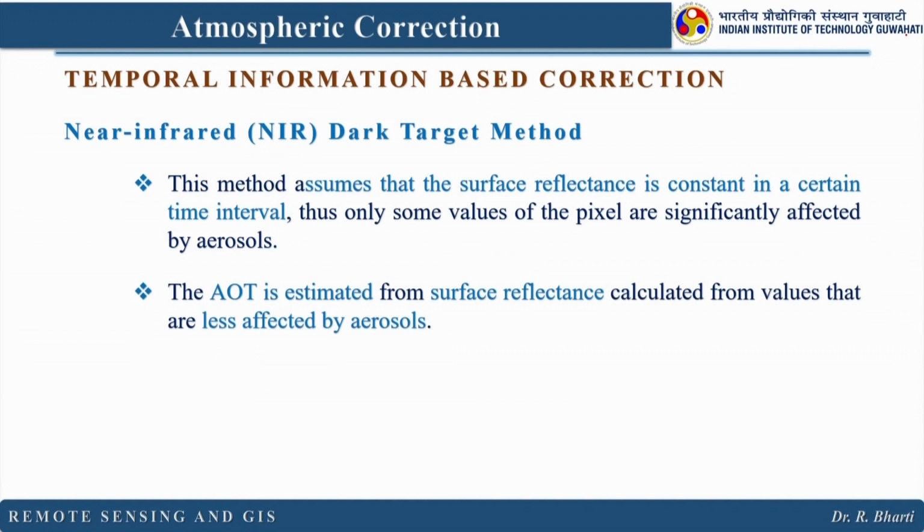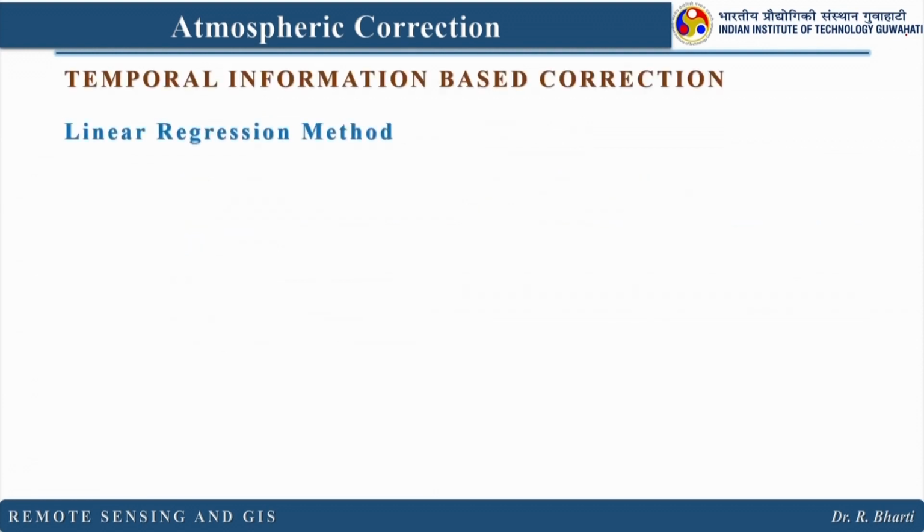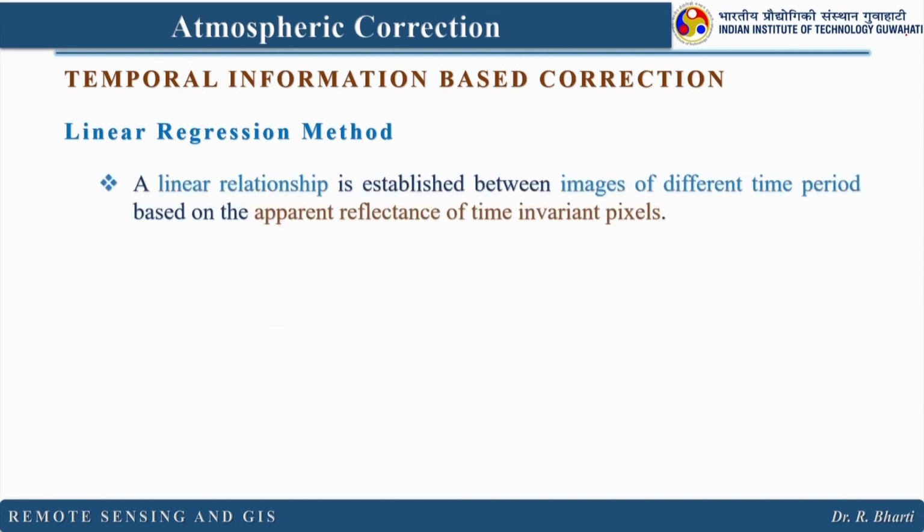The AOT is estimated from surface reflectance calculated from values that are less affected by aerosols. So, here you have the linear regression method. A linear relationship is established between images of different time periods based on the apparent reflectance of time invariant pixels, right. So, here this is very important.